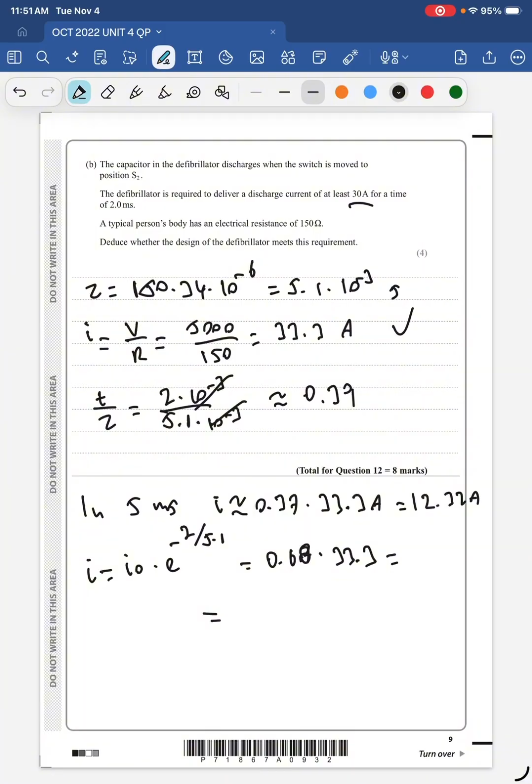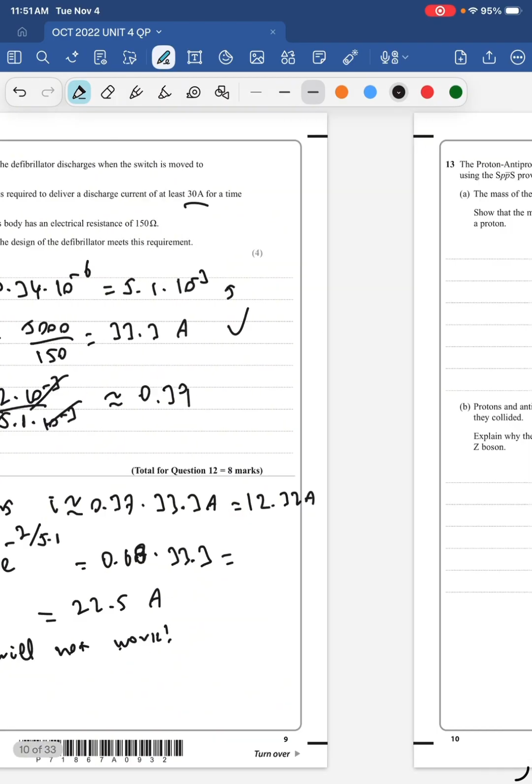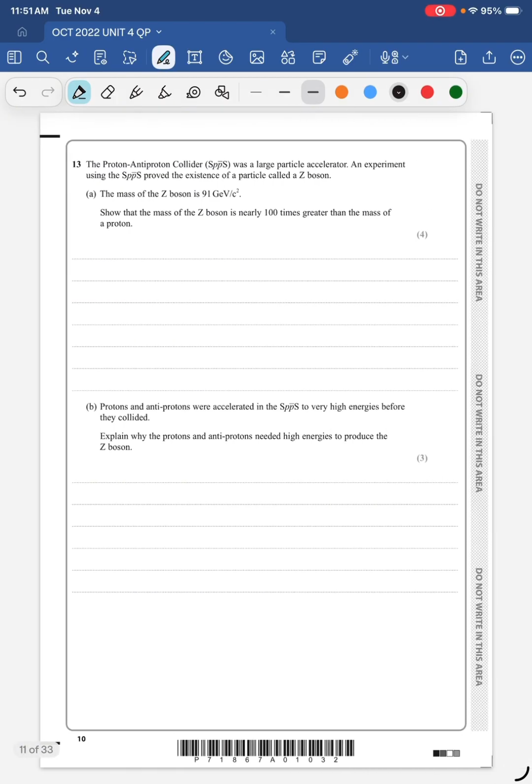So in 2 milliseconds, the current will drop to 22.5 amps. Actually that's not suitable because we need it to be at least 30 amps for 2 milliseconds. So this will not work, because in 2 milliseconds it's going to drop below the threshold. So no.